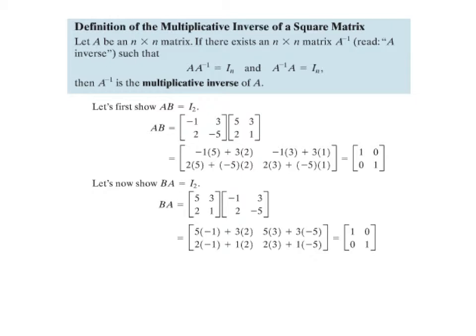Generally, though, a matrix either does or does not have a full inverse. So, as shown in this example, we have A times B giving us I2 and B times A giving us I2. Therefore, B is the multiplicative inverse of A, or B equals A inverse.